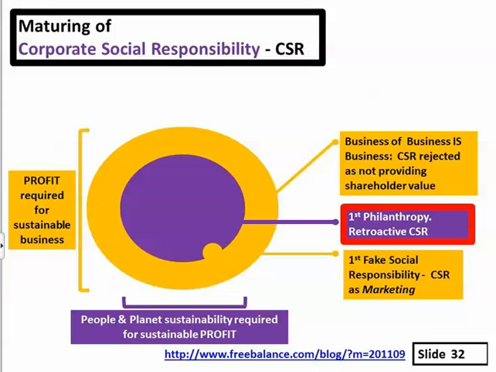So it may be donations in the case of philanthropy, or similar kinds of things. Okay, so this is the next level from pretending that you're being socially responsible to taking some of your profits and investing them or donating them in a way that is socially responsible.